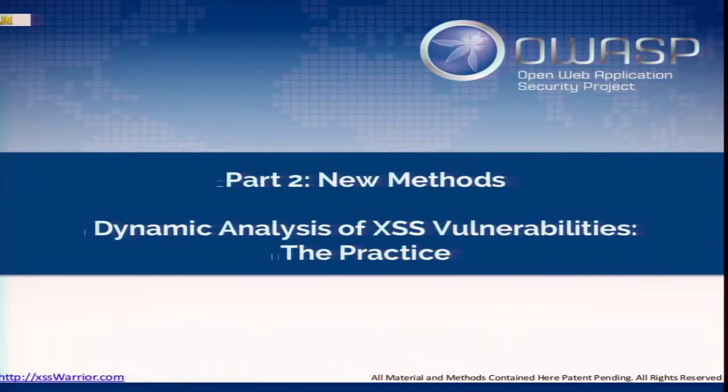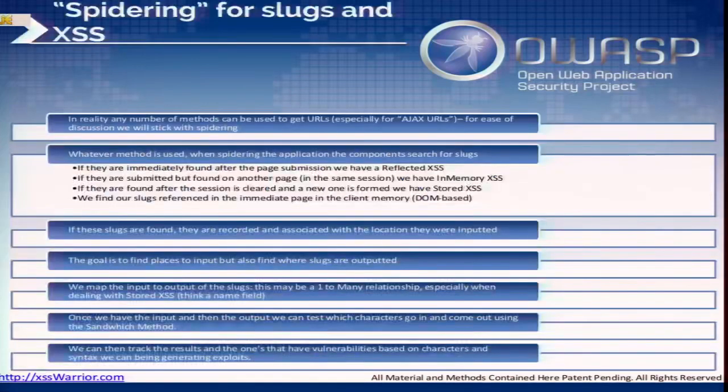So, the practice of it. I covered this a little bit already in the framework, but I'll review it again. The idea is that you're going to find the input and the output. So you submit something and then scan for it and see where it comes out. That's the technique here, input and output.